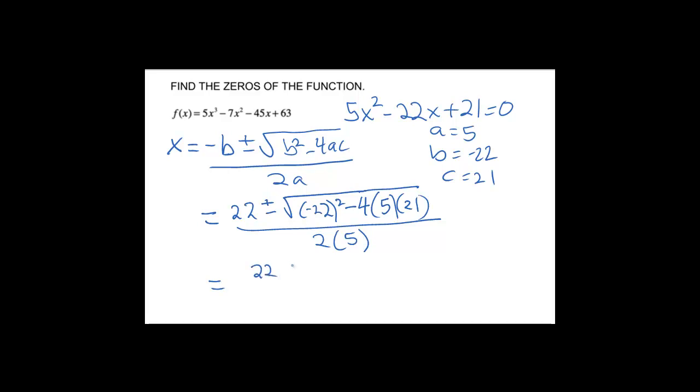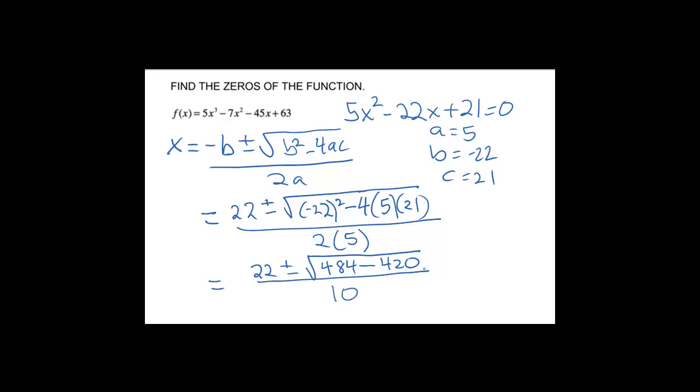So, the negative 22 squared, and use your calculator for this. This gives us 484 minus, we get 20 times 21 gives 420. This is over 10.